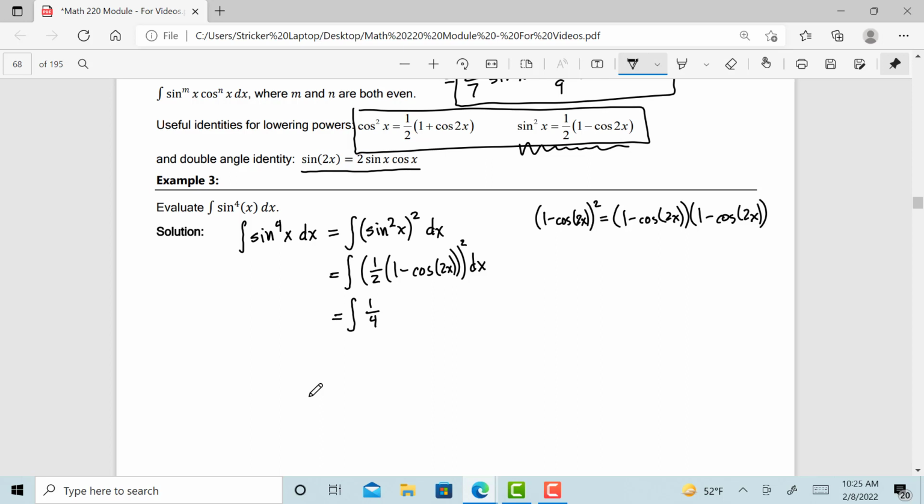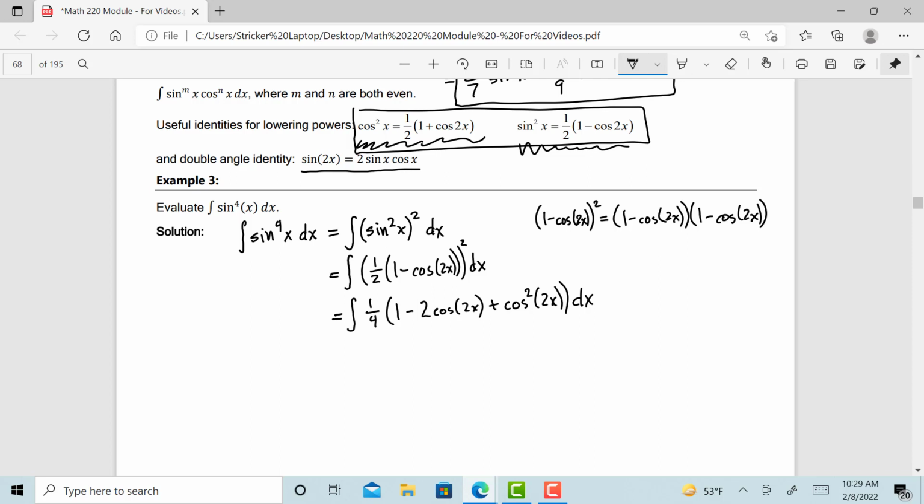So when you multiply all that out, of course, you're going to get 1 minus 2 times the cosine of 2x plus cosine squared of 2x. Taking a look at where we're at now, you can see that we still have an even power on cosine.